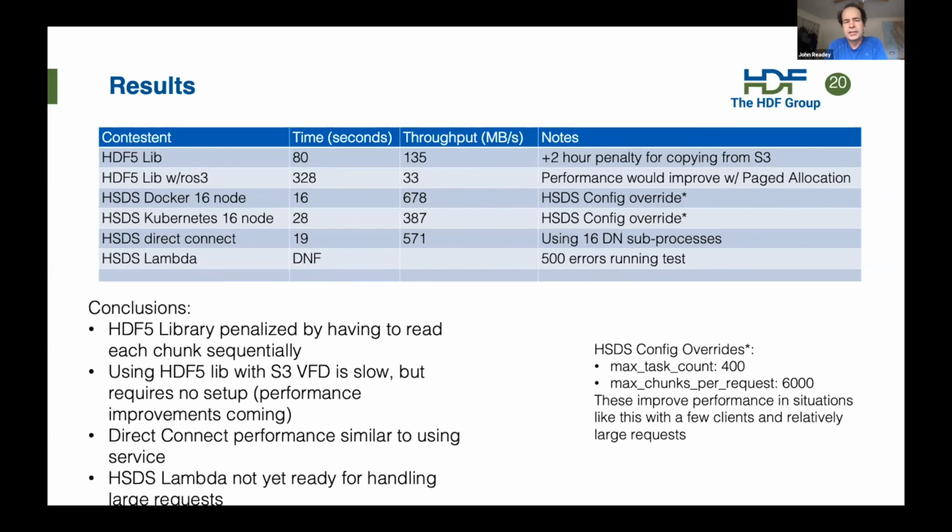Next, for HSDS running on Docker with 16 nodes, we got a runtime of 16 seconds and throughput of 678 megabytes per second. So vastly superior to S3 VFD, or even just the library using locally attached disk.